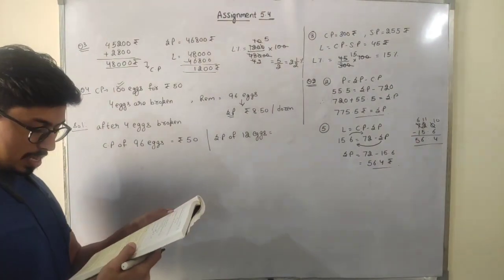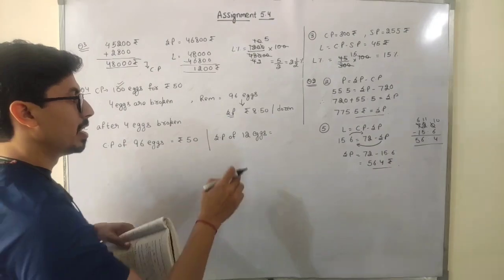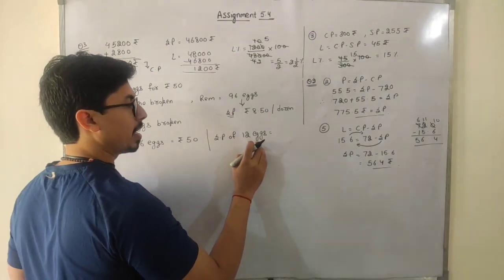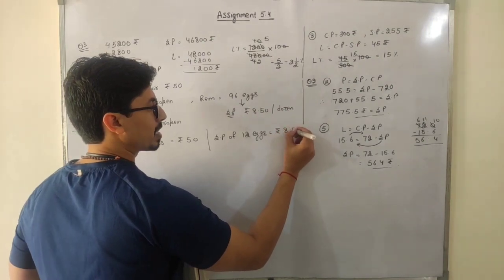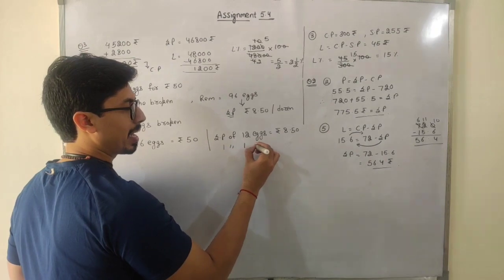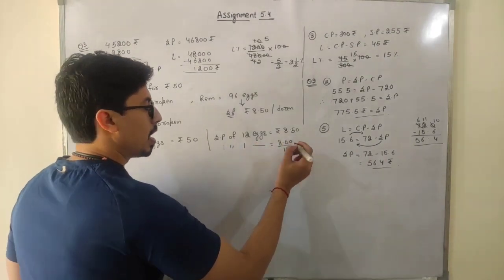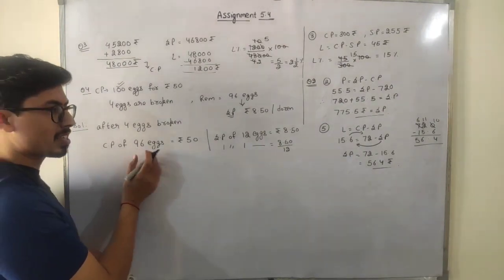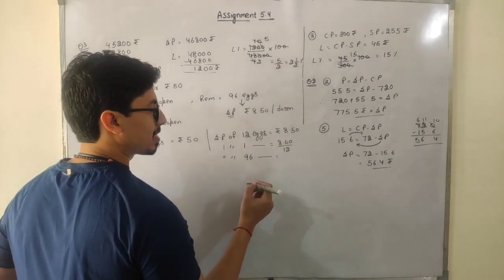Okay. If he is selling at a rate of rupees 8.5, okay, so selling price of 12 eggs is rupees 8.50. It is given to us. Selling price of 12 is given, so selling price of 1 egg is 8.50 by 12. But how much he had?